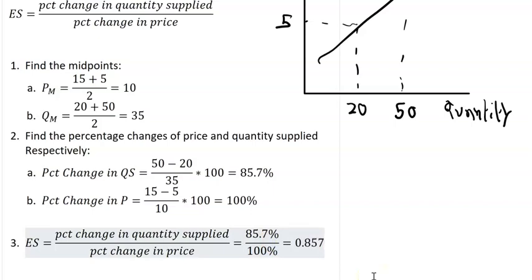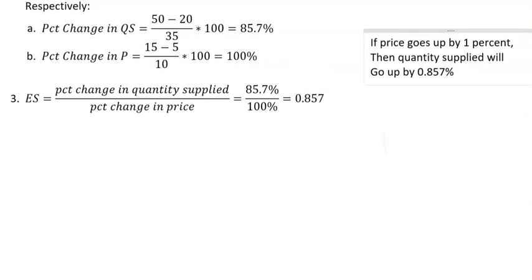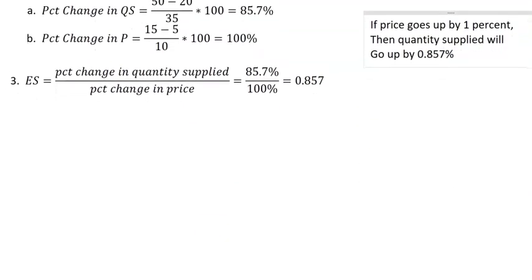And if I were to interpret it, I would say if price goes up by 1%, then quantity supplied will go up by 0.857%. So this is telling us how sellers respond to changes in price.